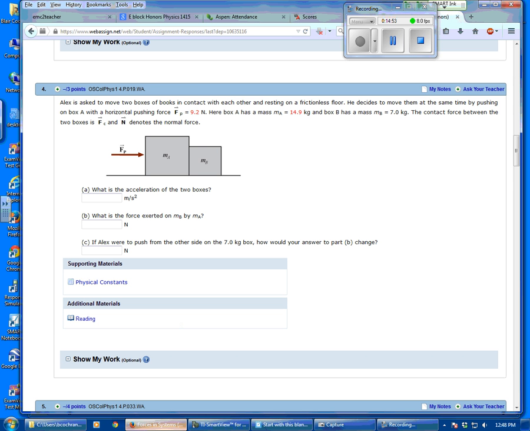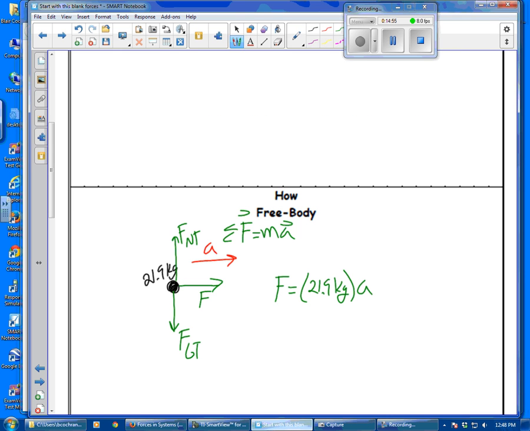F is 9.2 for me. So rather than F, I know this equals 9.2 newtons. And then solve for A. That was pretty straightforward.